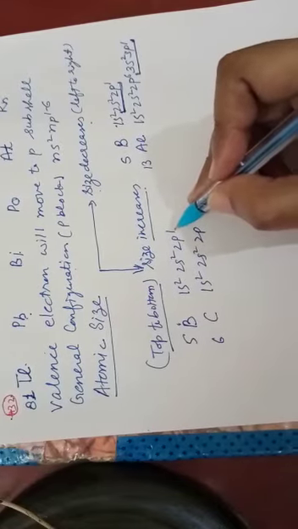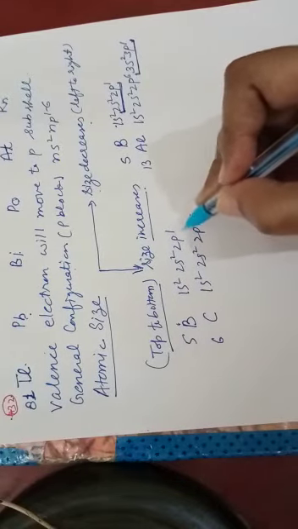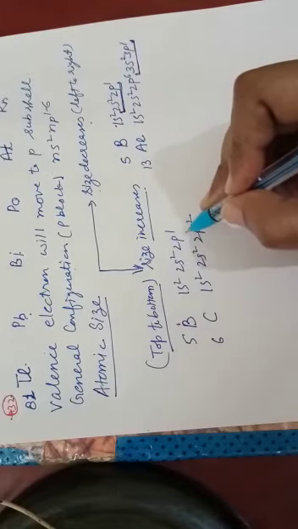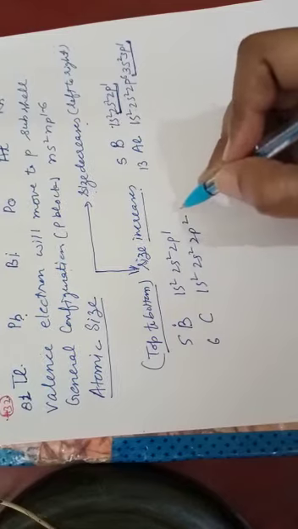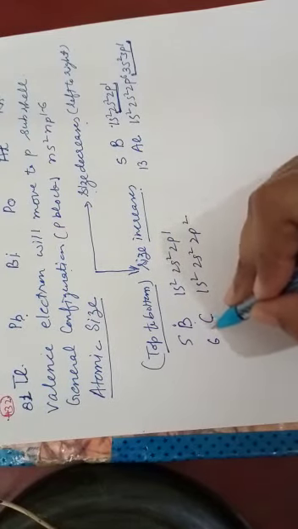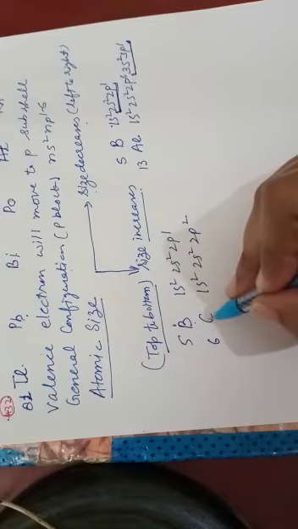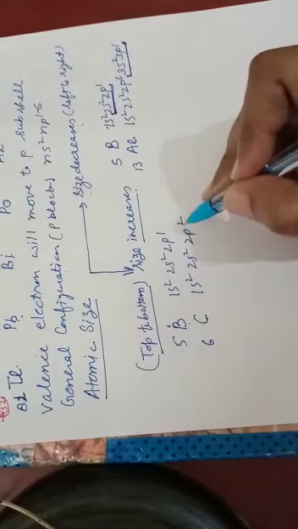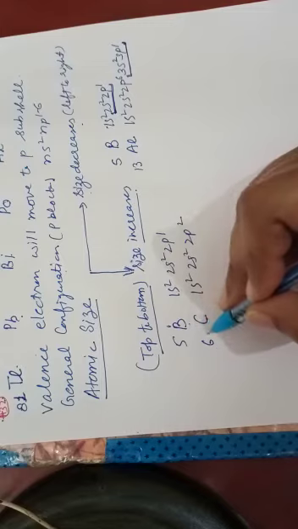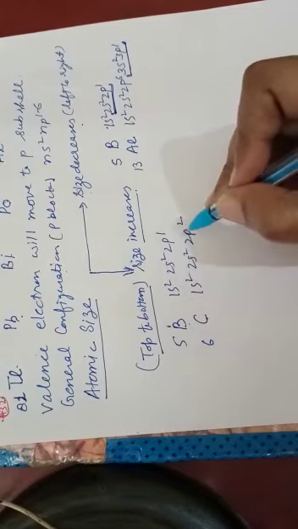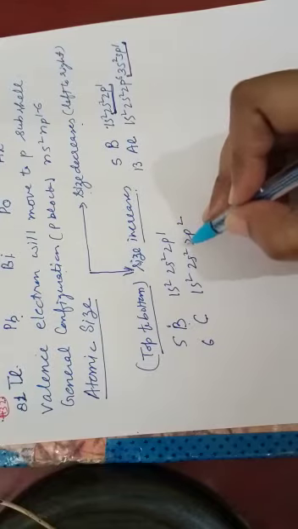Here the electron is increasing in the p subshell itself, with no increase in a new shell. But the number of protons is increased by 1, so the effective nuclear charge will increase by 1, and the electron is entering the same shell. So the effective nuclear charge predominates over the valence electron, and the size decreases.